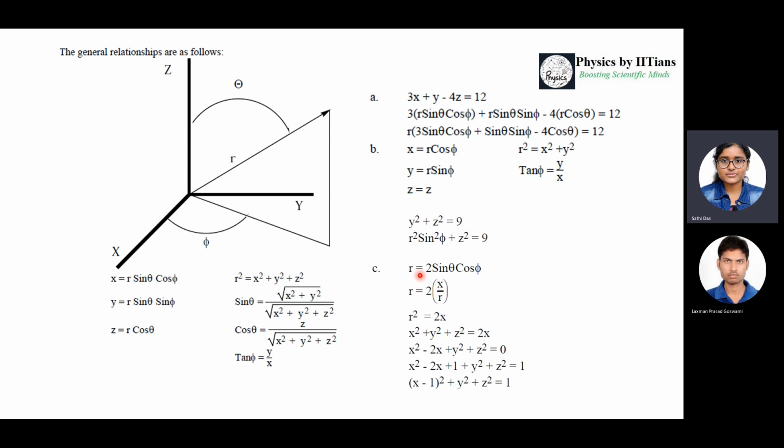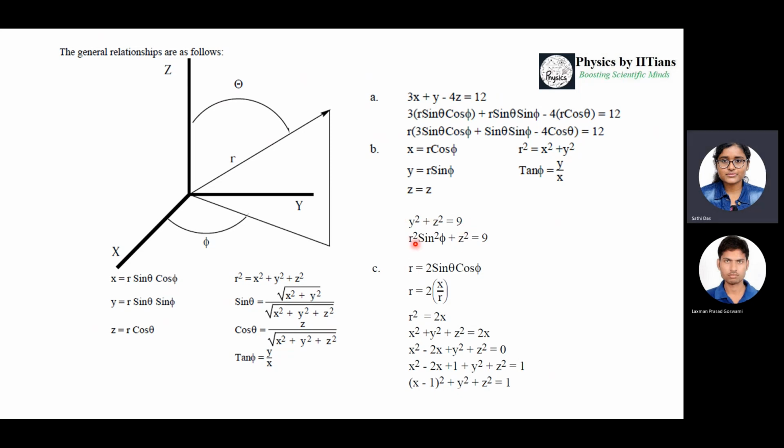First of all, you have to know the transformation equations for Cartesian to cylindrical coordinates. The relations are x equals r cos phi, y equals r sine phi, z equals z, where r square equals x square plus y square and tan phi equals y by x.